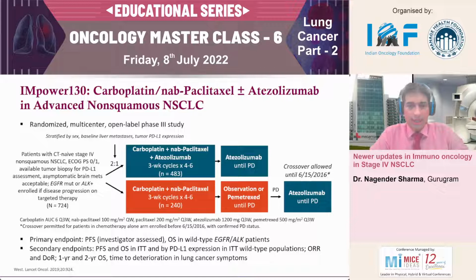So nab-paclitaxel, atezolizumab, and carboplatin were used for 4 cycles. Then atezolizumab was continued as maintenance therapy till progression. And in the comparator arm, that is nab-paclitaxel and carboplatin, pemetrexed maintenance was used, and then on progression, atezolizumab was used until progression. The crossover was allowed until 6th of June 2016.